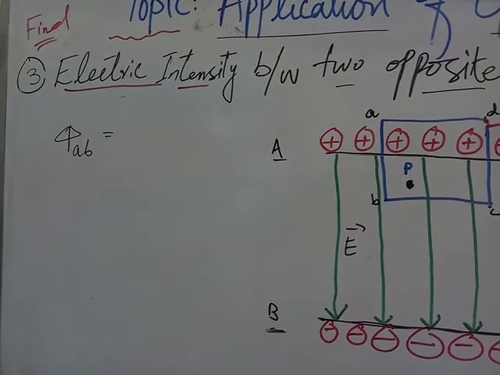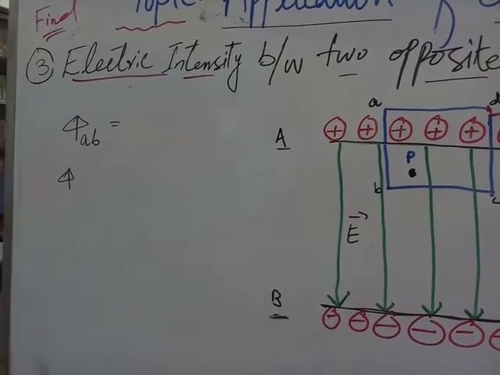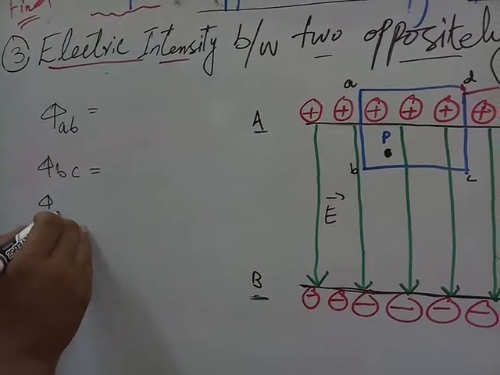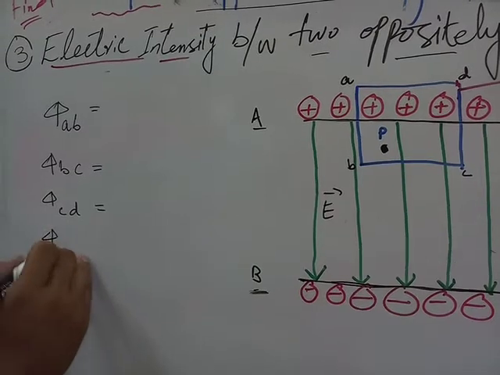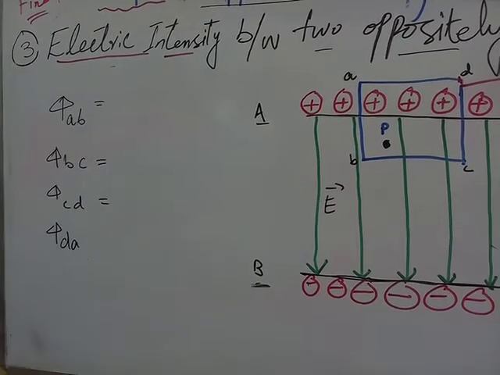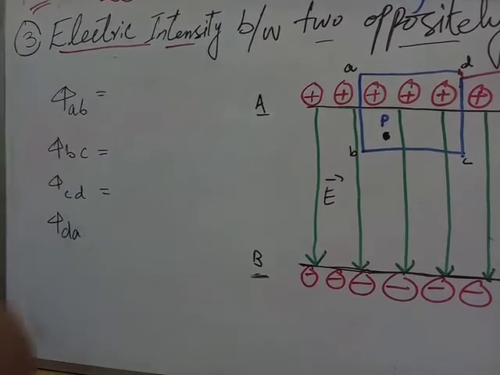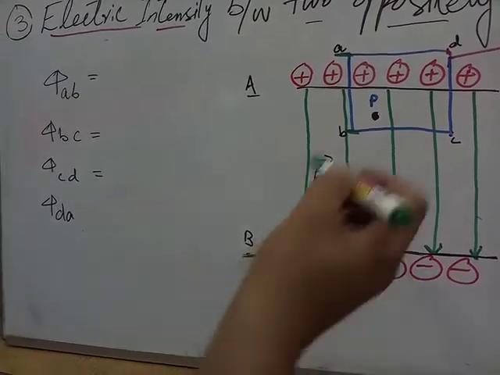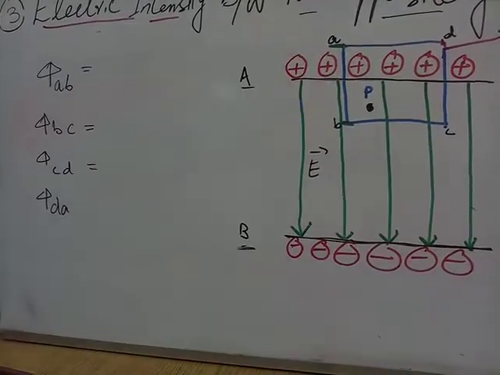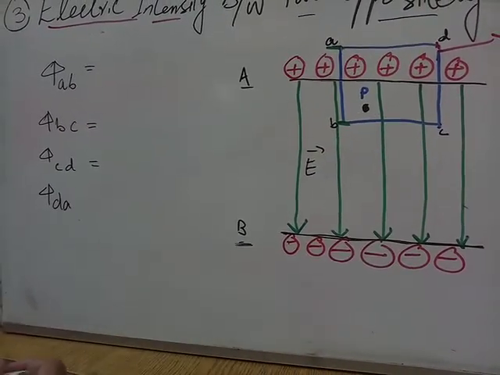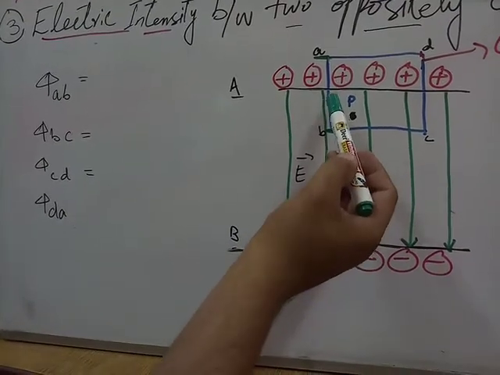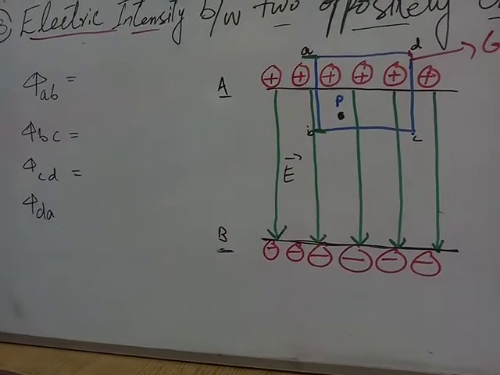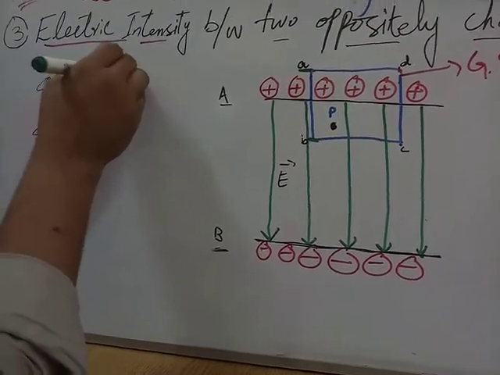First I can write all the fluxes: flux BC, flux CD, and flux dA. This is the flux of the surface AB, for this area. Now, by definition of flux, when the area is parallel to the electric field lines, which is E, there will be no flux.